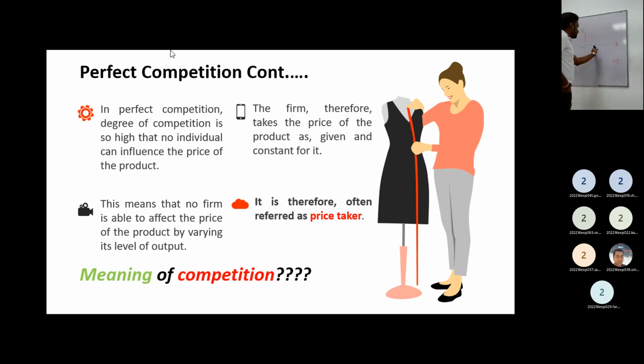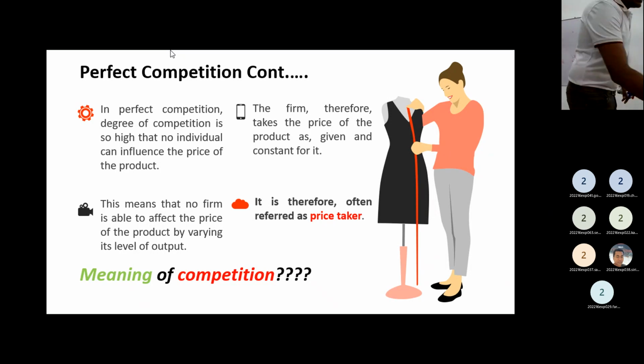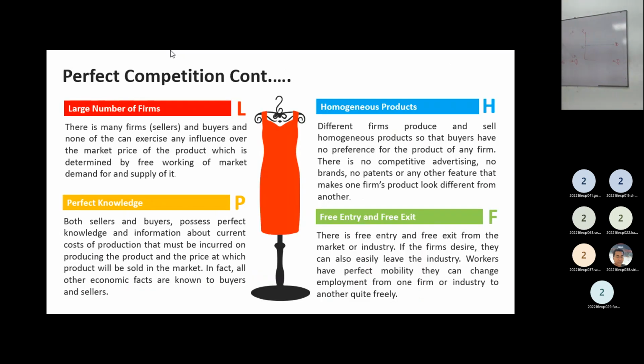But if you look at the practical situation, this won't be there. That's why we say this is an assumption. Right. Let us look at what are the features or the characteristics of a perfect competition market structure. If the market is said to be perfect, these are its features.